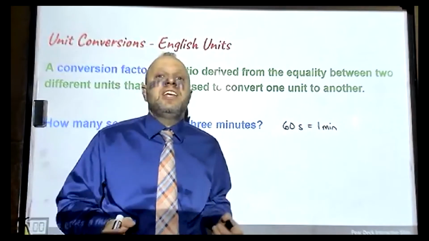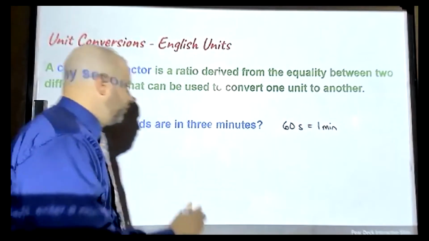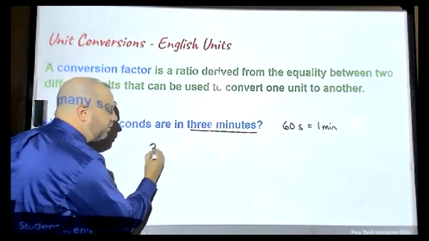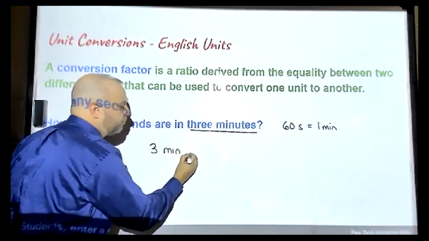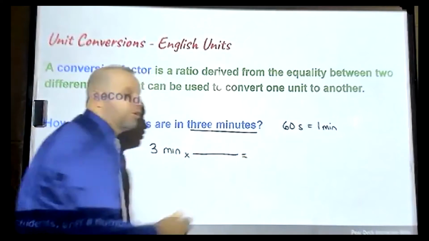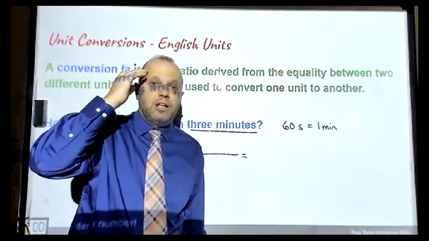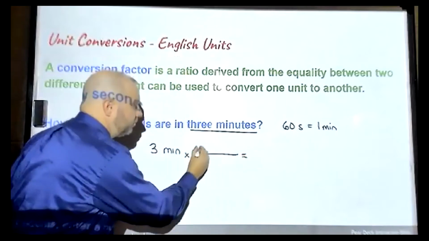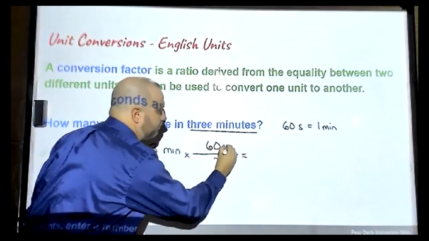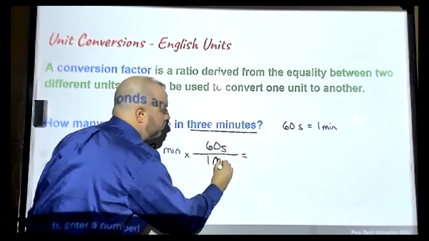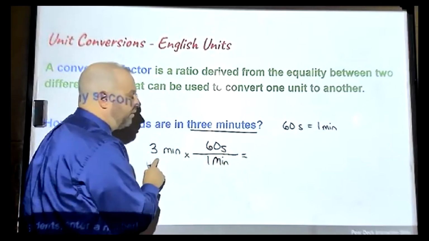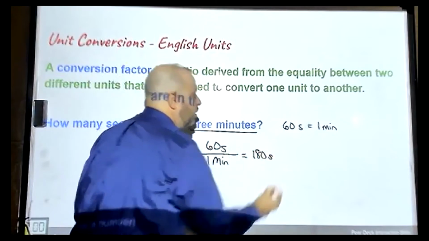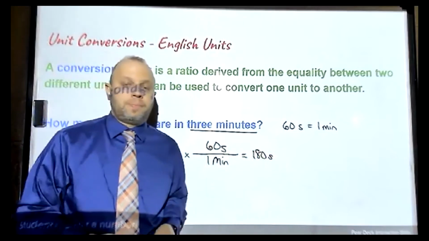So what you did in your mind was the following. We started off with our given information, 3 minutes. You then used your knowledge of 60 seconds per 1 minute. And then you multiplied 3 times 60 equals 180 seconds.